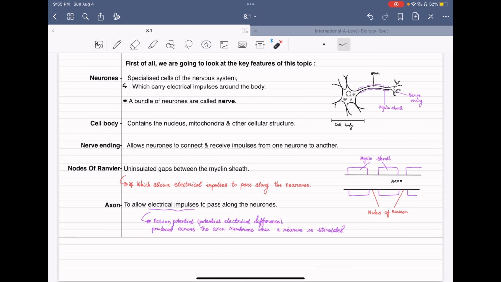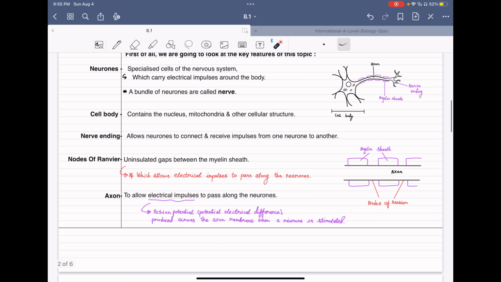The cell body, which I have just mentioned, contains the nucleus, mitochondria, and other cellular structures. And we have a nerve ending, which is over here, which allows neurons to connect and receive impulses from one neuron to another. And we have the nodes of Ranvier.